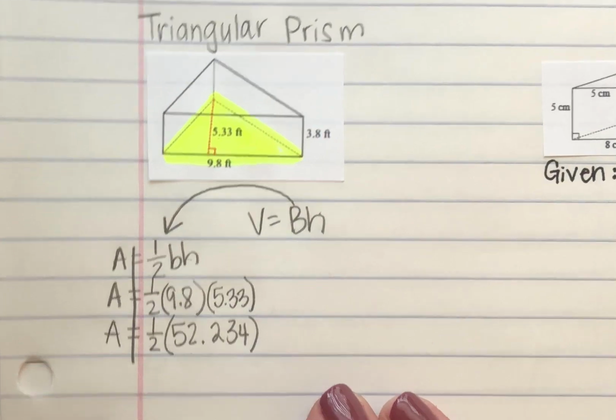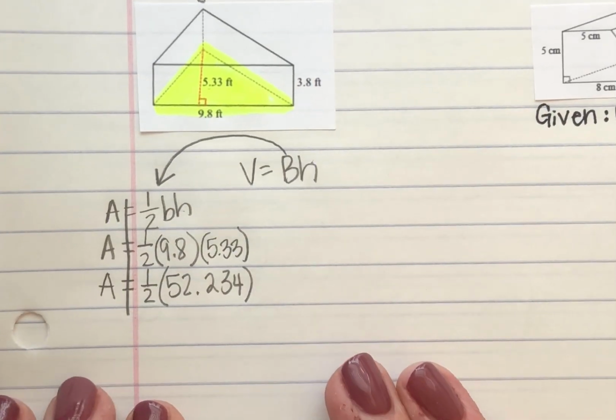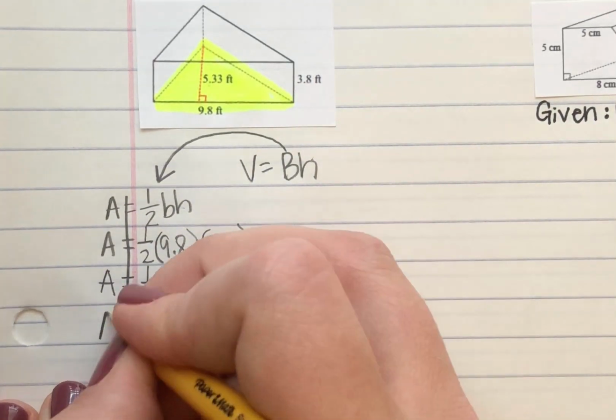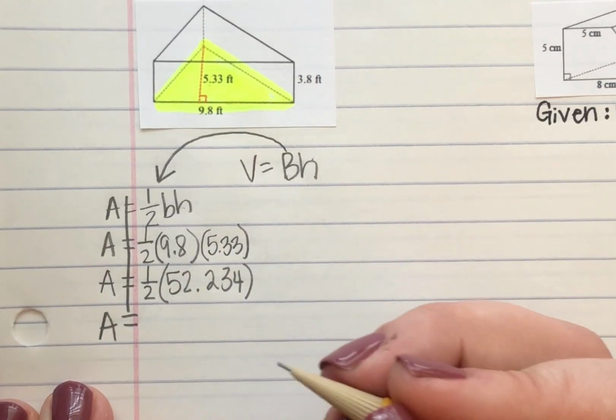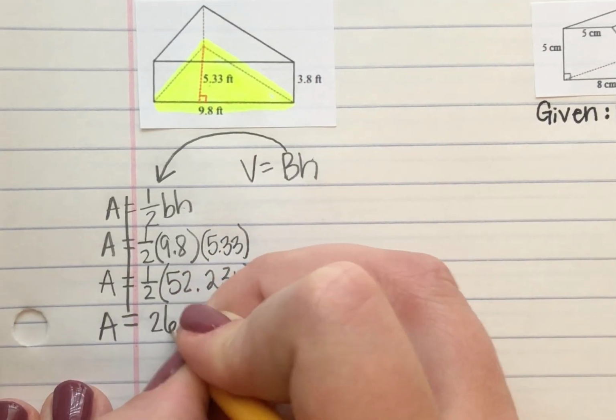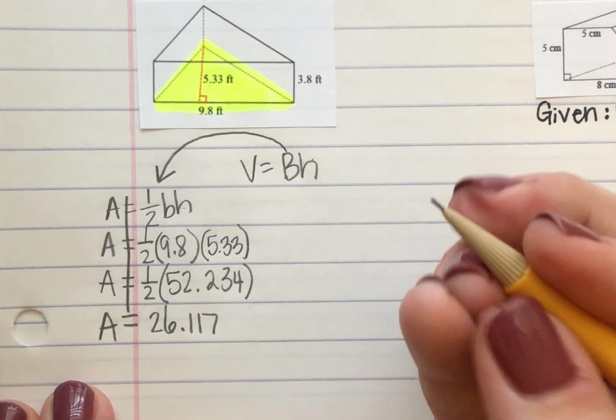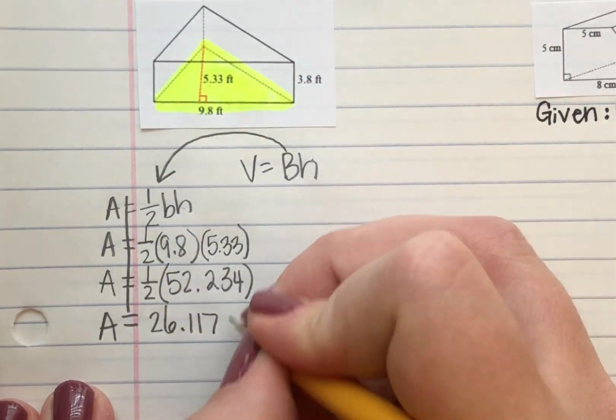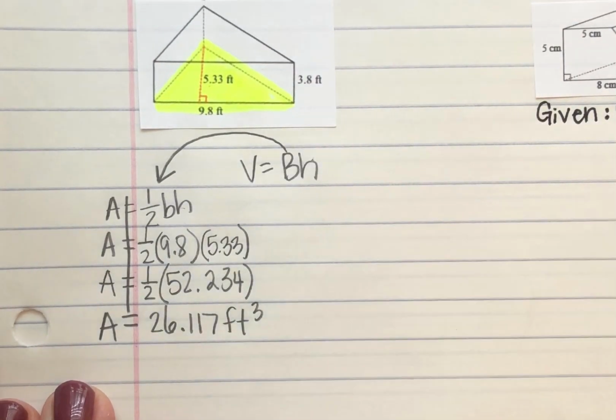And then I need to find half of that. So if we divide that by 2, remember finding half of something, we can just divide it by 2. That's gonna give us 26 and 117 thousandths. And the units is feet cubed.